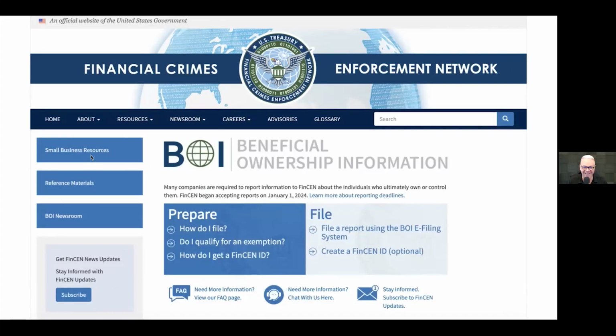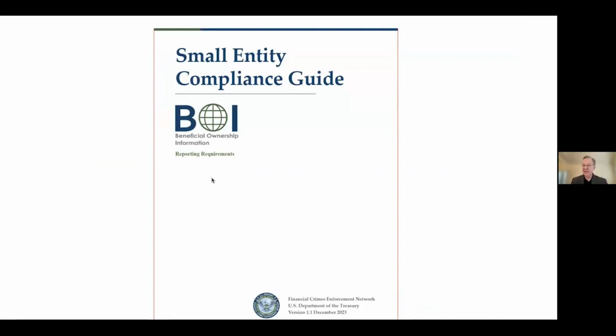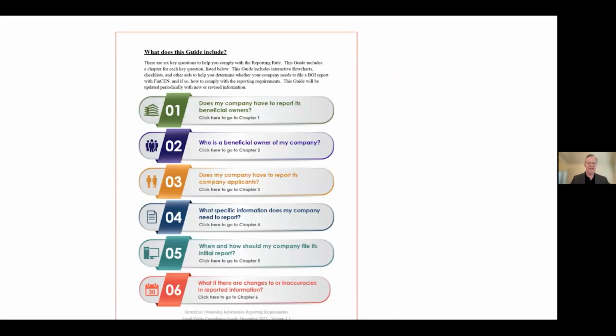Over here, small business resources. If you click on that, you get a compliance guide. And once you dig into that, it starts talking about, does my company have to report its beneficial owners? Short answer, yes. Who is a beneficial owner? And it goes through all of these issues in a lot of detail if you've got questions. So there is a lot of good guidance on the FinCEN website.